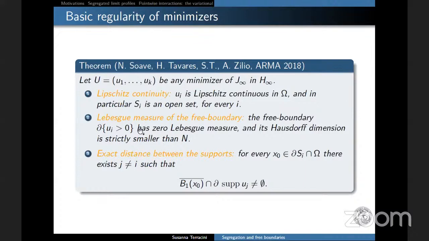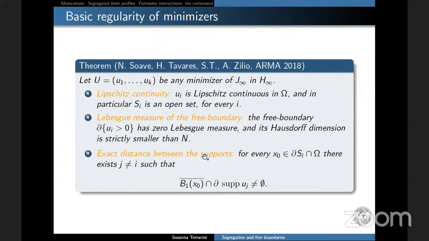This is somehow obvious. And then there are 2 less trivial facts. The n-dimensional Lebesgue measure of the free boundary is 0, and its Hausdorff dimension is strictly smaller than n. Be careful, we could imagine less or equal than n minus 1, but at this moment we can just say that it's not the full Hausdorff dimension.